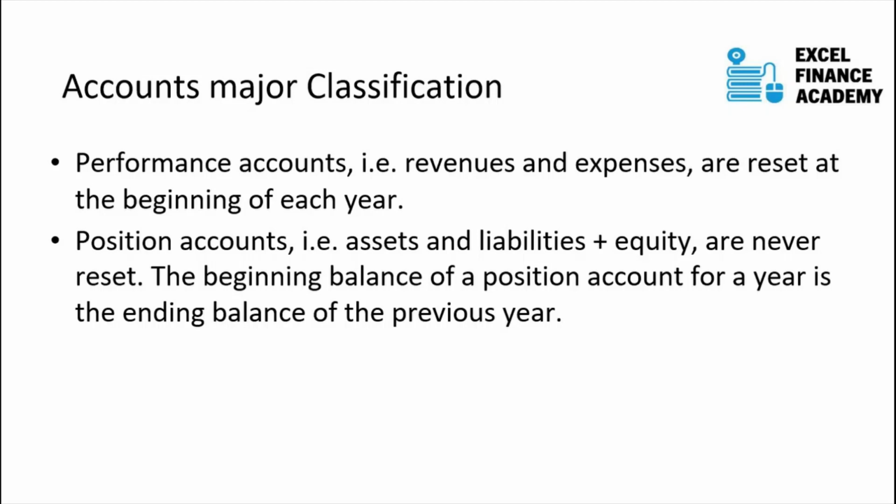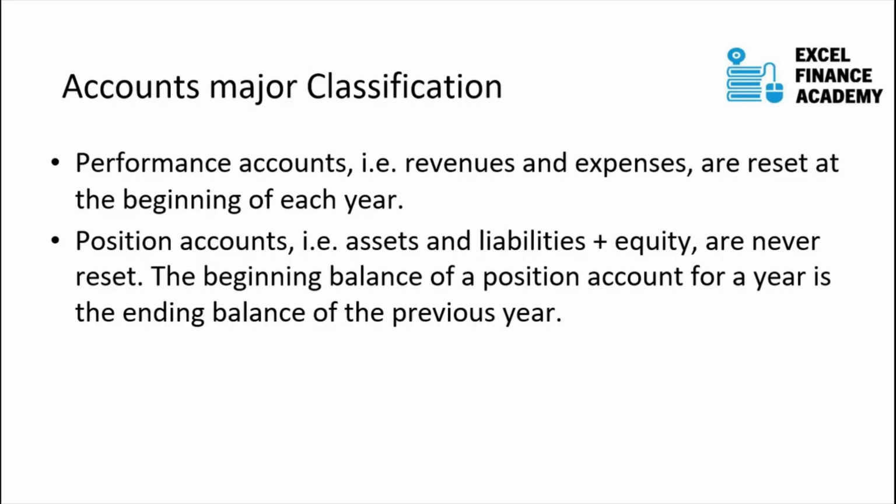If you are preparing your financial statements quarterly, it will start at 0 every quarter. So performance accounts will always reset to 0, and position accounts will continue from where they were in the previous year. Finally, the balance of all the performance accounts, in the form of the profit and loss statement, will go to the balance sheet, owner's equity.